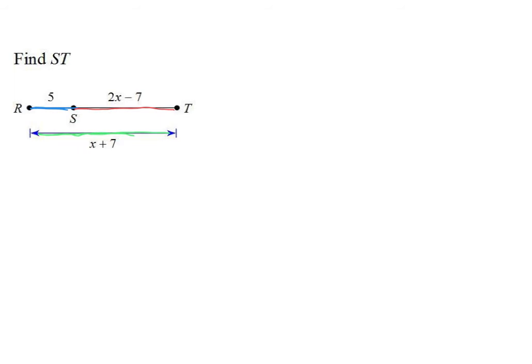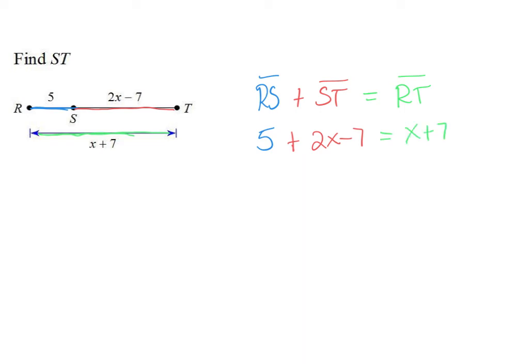So in terms of geometry, I would say RS plus ST has to equal RT. And now in terms of algebra, I would say 5 plus 2x minus 7 equals x plus 7. And then we're going to combine like terms. So 5 minus 7 is negative 2.